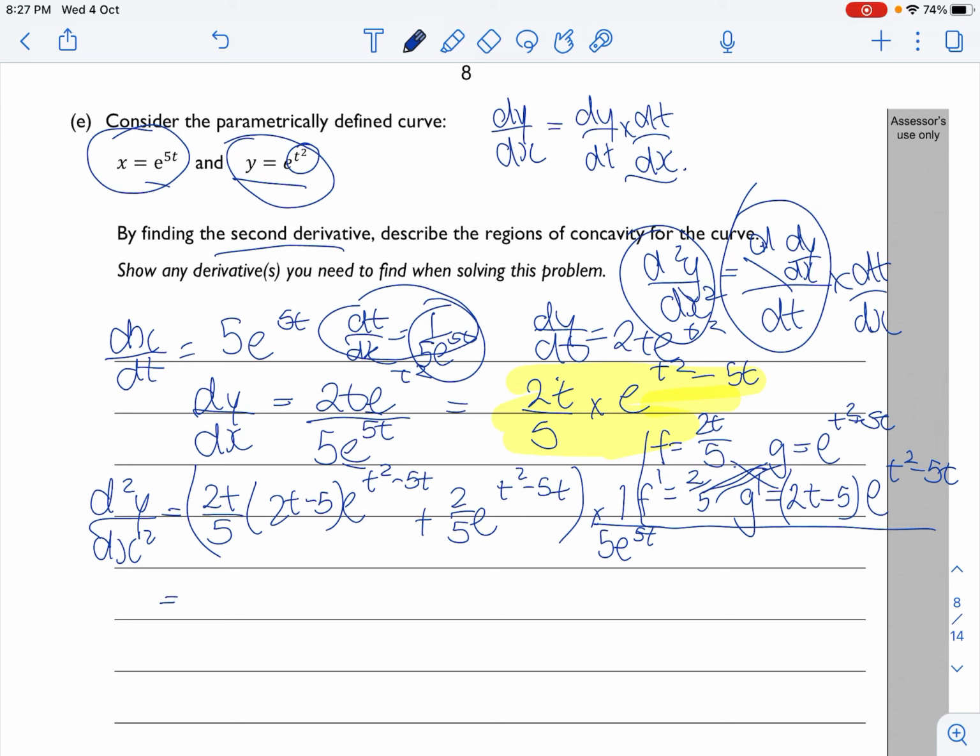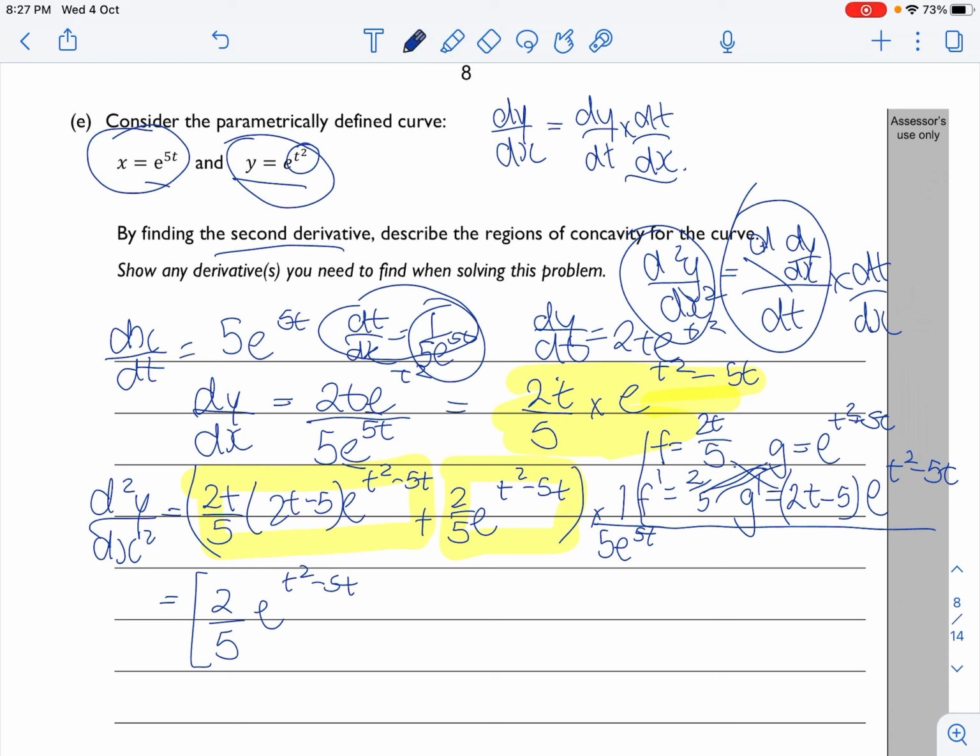All right, so we're going to tidy up the bracket bit first. So we've got 2/5 here, we'll pull that out the front, because it's there, and we've also got e to the t squared minus 5t, because we've got two things here. We've got this bit, and we've got this bit, and we're looking at what's common there.